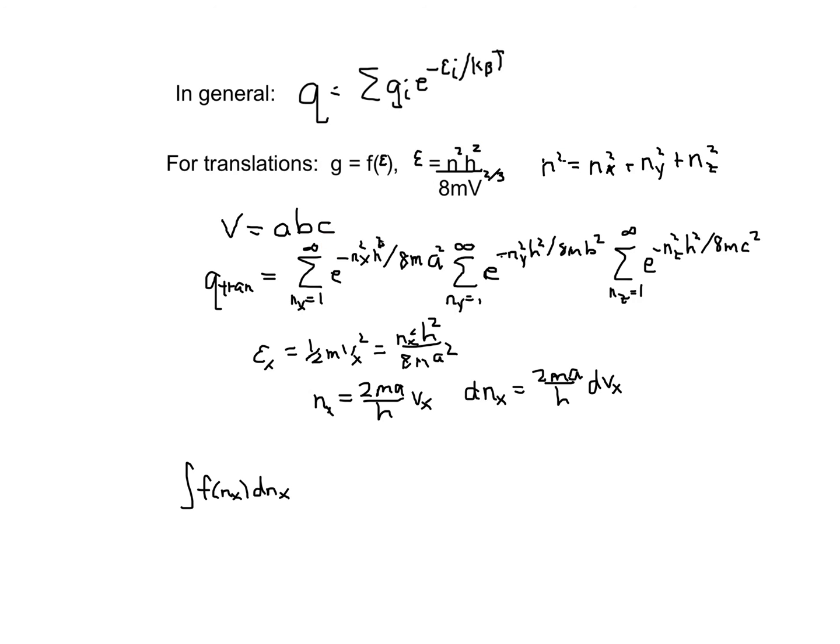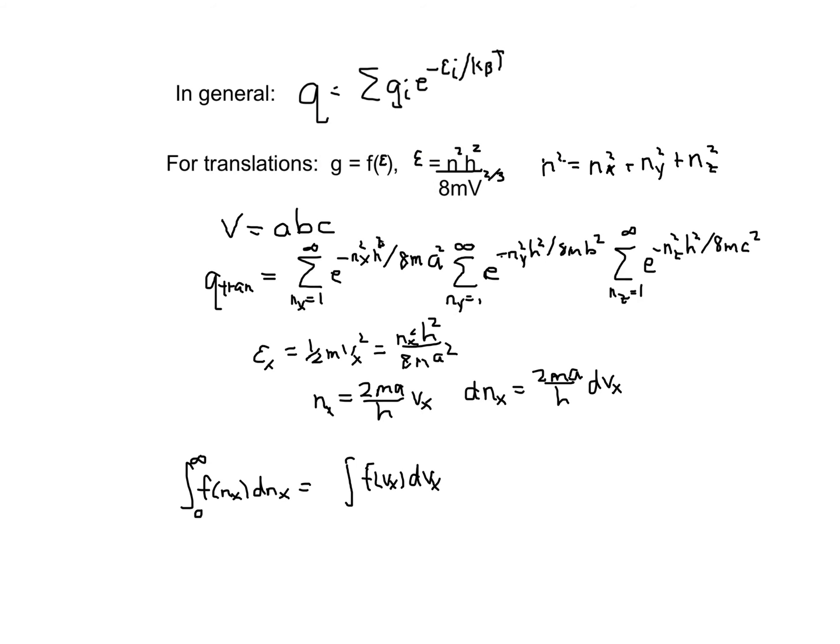However, we will not incur much error by making the lower limit 0. Because nx is related to the velocity in the x direction, we can write this integral using a change of variables in terms of the velocity. So, this should be equal to an integral of a function of the velocity in the x direction, dvx.